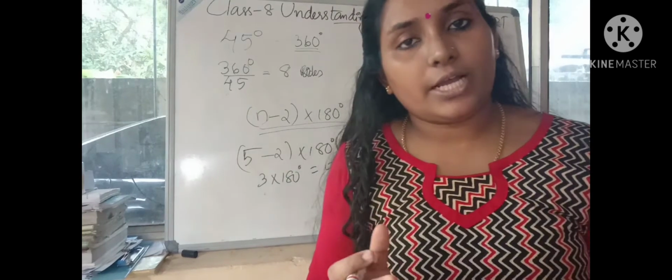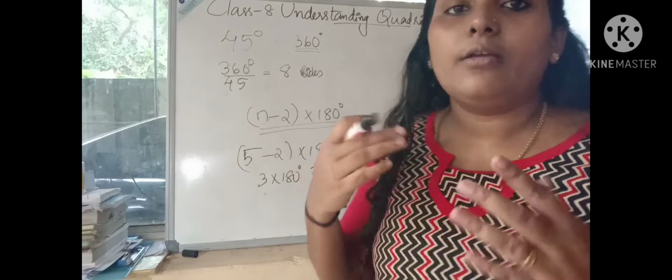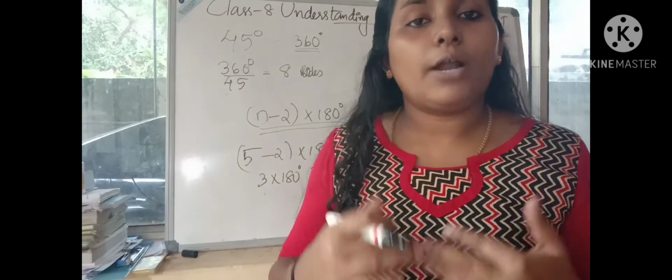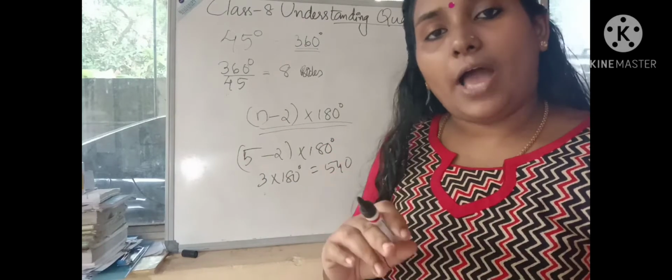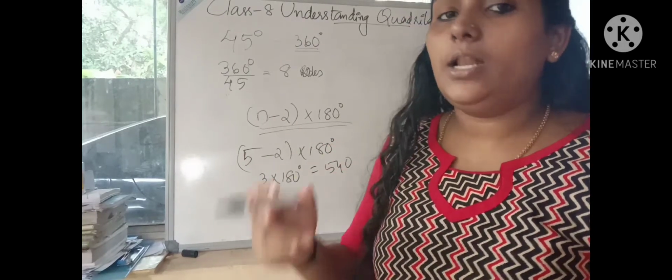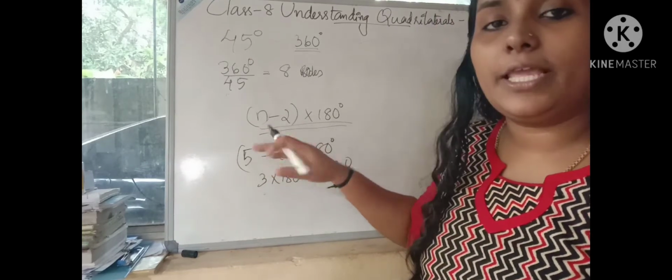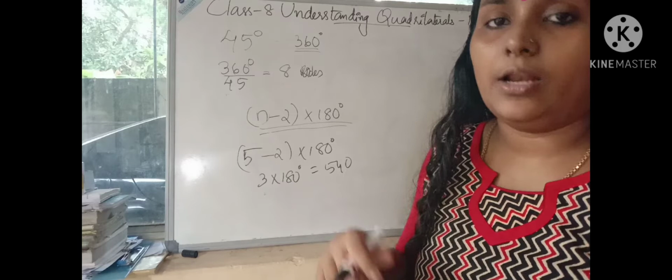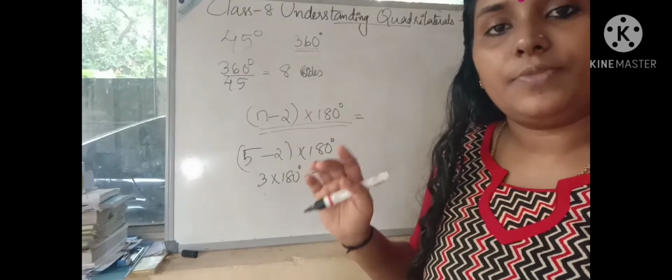In case of an octagon, we may have a doubt about this formula. If we have an octagon and want to find a side or an angle, we just apply the number of sides in this formula, and we will get the sum of the interior angles. An octagon has 8 sides, right?